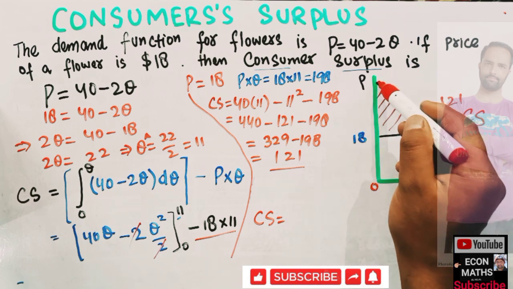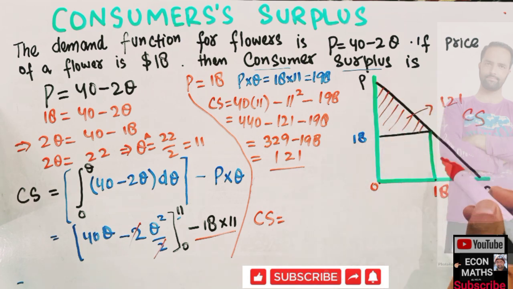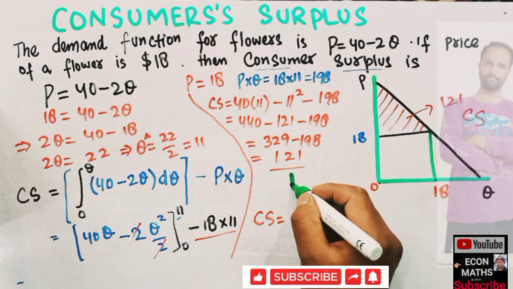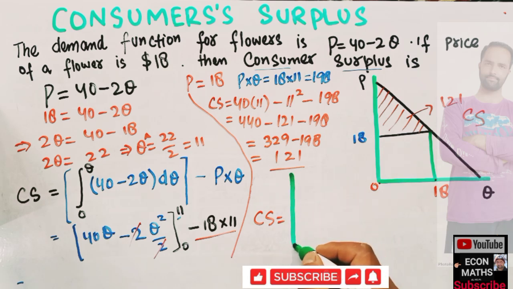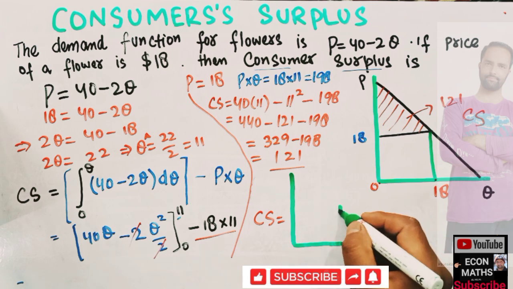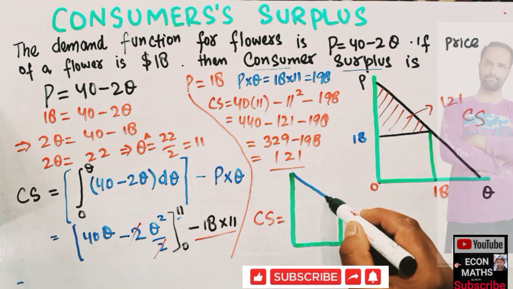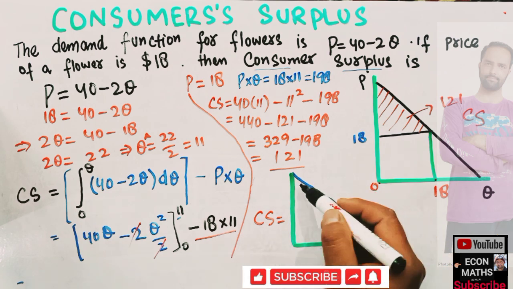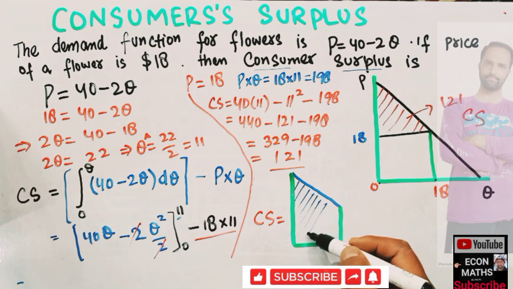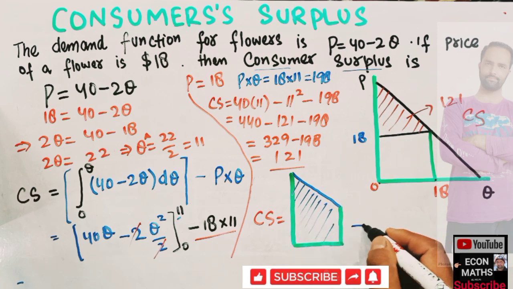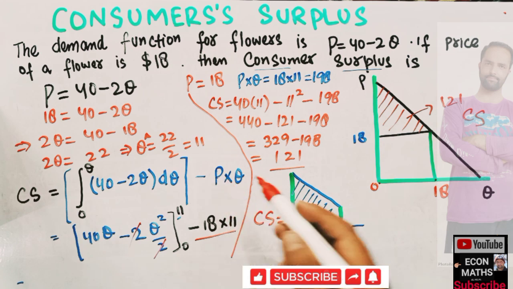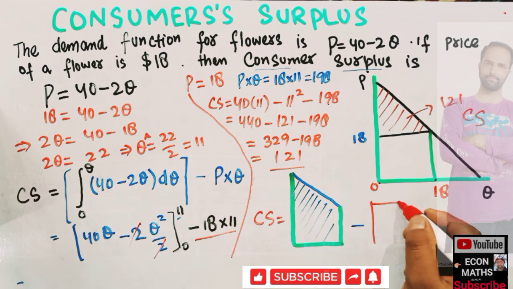First we take the area of this whole trapezium-shaped figure. Then from this we subtract price into quantity, that is total expenditure.